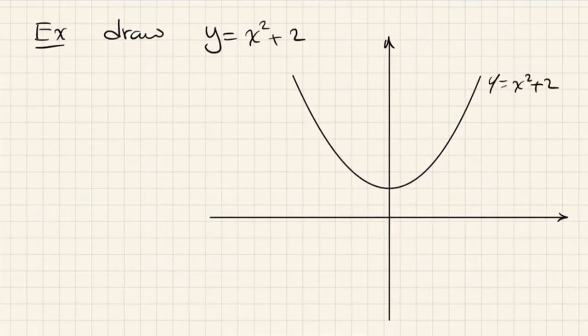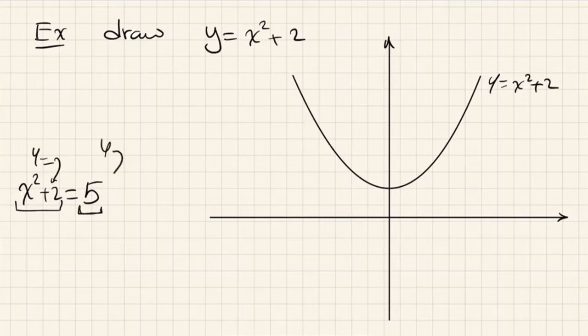If I ask you to solve x squared plus 2 equals 5, what you have to do is this: this is your graph, and this is another graph. Any graph in your mathematical syllabus is y equals something. This graph is y equals this, and y equals 5 means a horizontal line passing by the point 5.